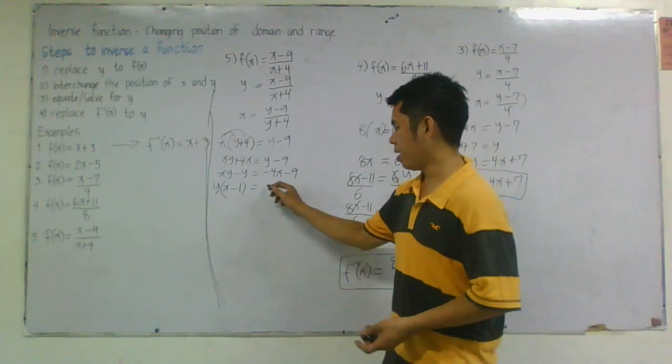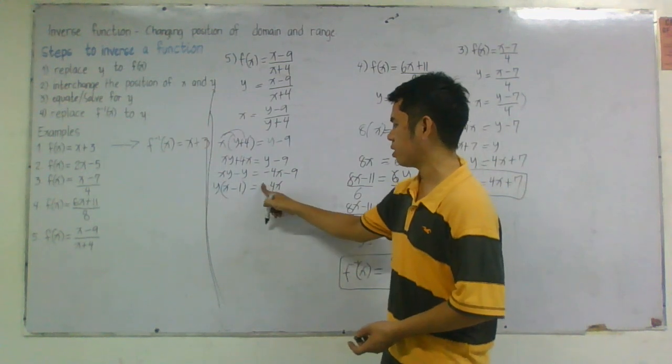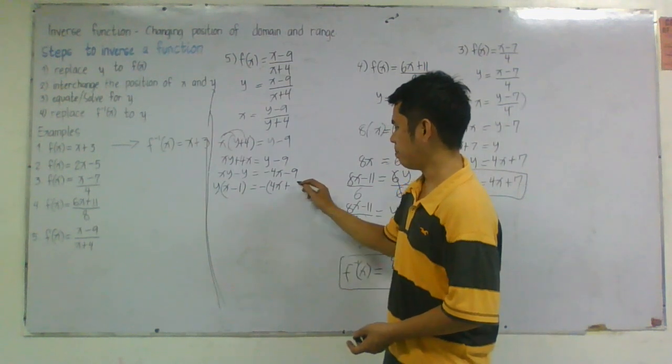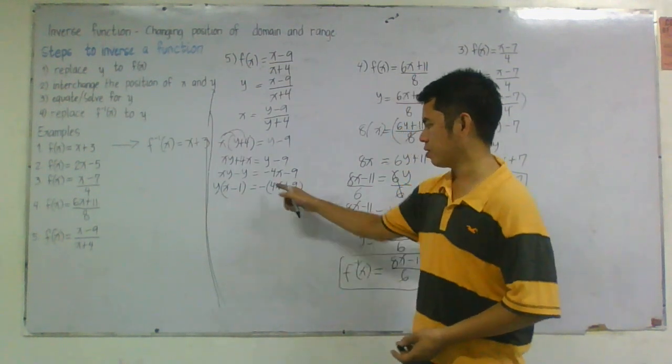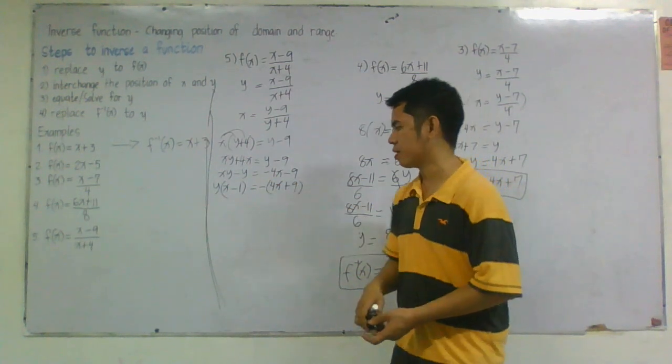Okay? So we have negative 4x. Or we can factor out the negative sign: negative 4x plus 9. Right? Because if we distribute the negative sign, it will become negative 4x and also negative 9.